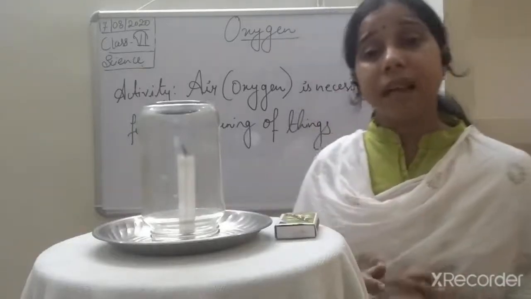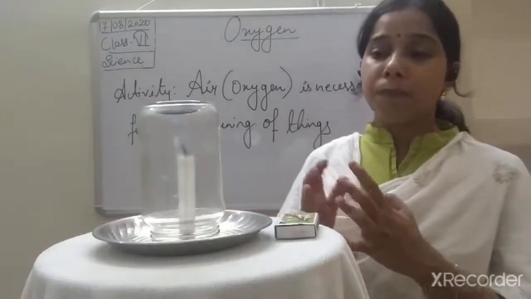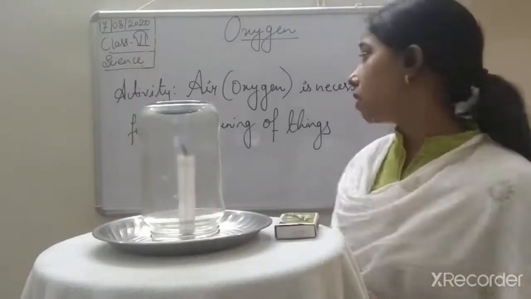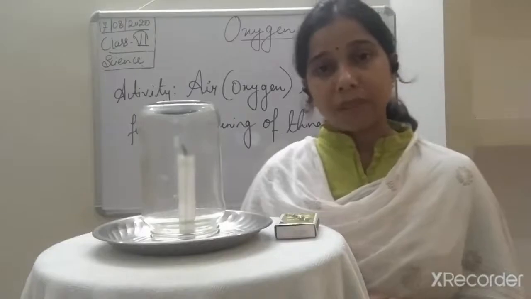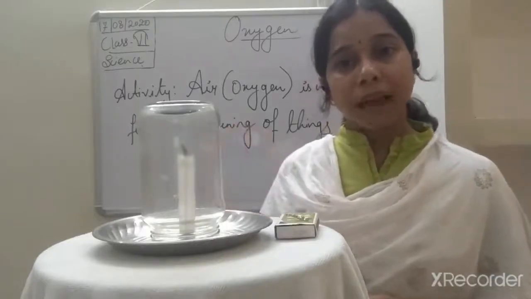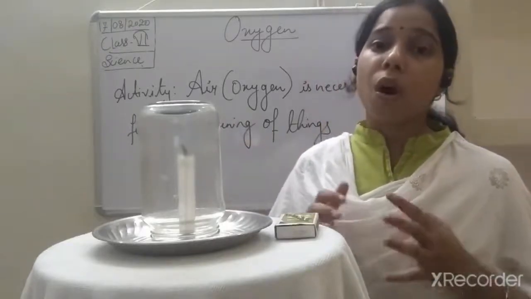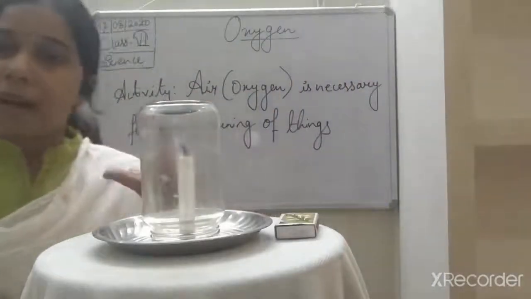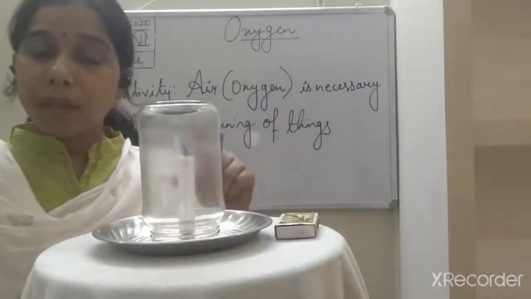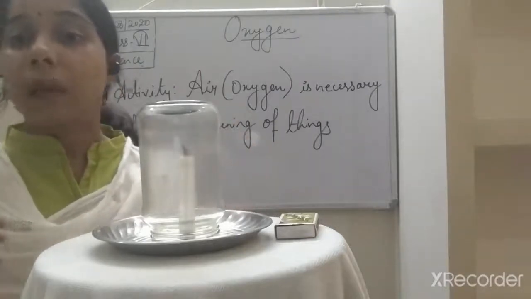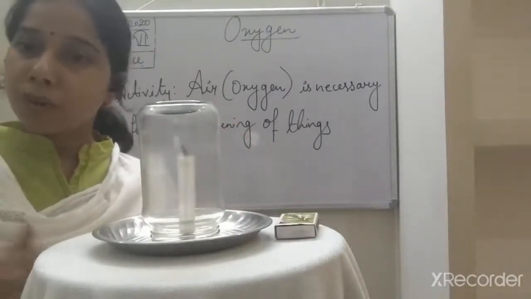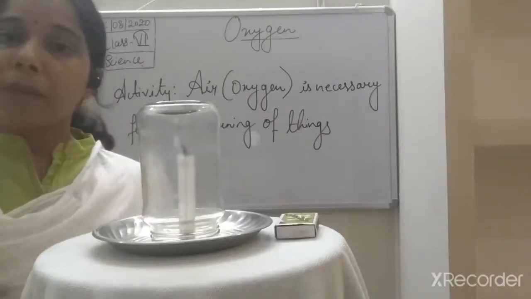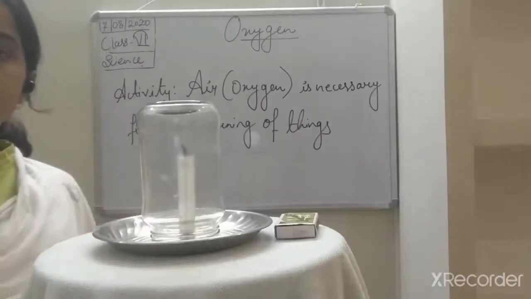So by this activity, students, it is proved that air, or oxygen, is responsible for the burning of a thing. For burning of this candle, fresh air, or the oxygen present in the air, is responsible for the combustion. Oxygen supports burning. Although it does not initiate it, it helps in the burning of the thing.